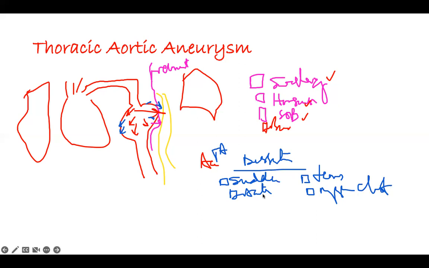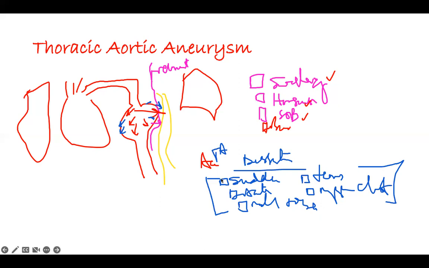Sudden onset of acute tearing chest pain that radiates up to the back of the chest. That is a classic presentation of a thoracic aortic aneurysm. They have sudden onset, acute, ripping, tearing chest pain radiating towards the back.